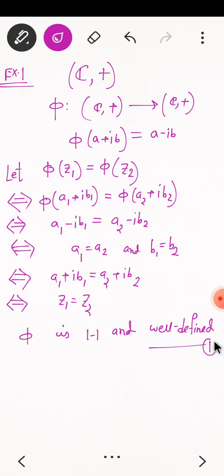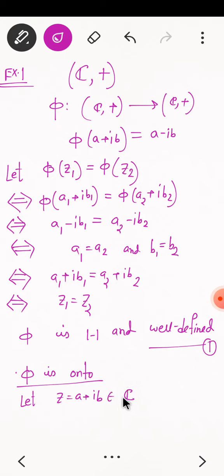We say this is 1. Now we show that phi is onto. So let z equal to a plus ib be any arbitrary element of C, and take z dash equal to a minus ib, which is also a complex number.